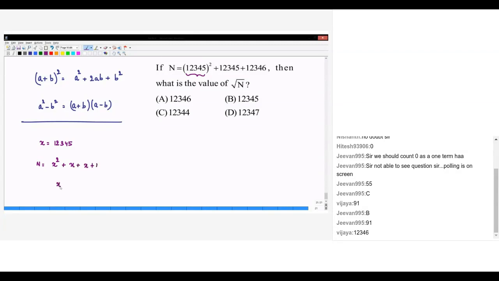I would say this is x square plus 2x plus 1, which is x plus 1 whole square. Therefore, root of n is x plus 1, which is 1, 2, 3, 4, 6.